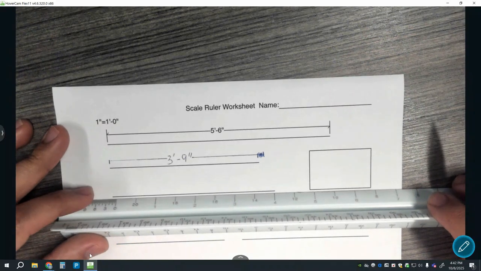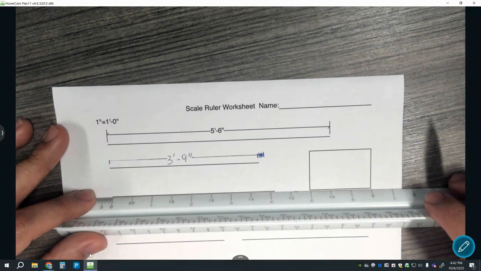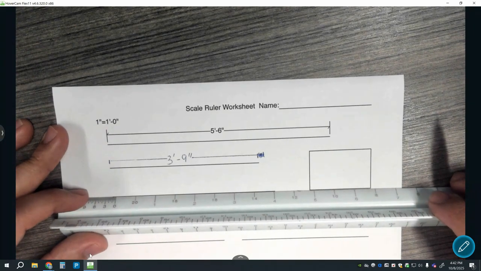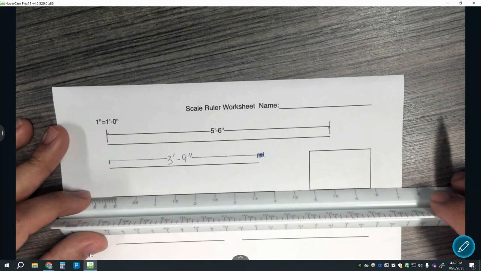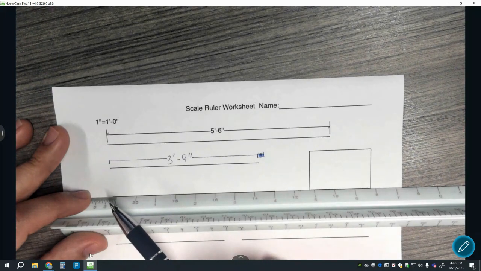So let's go ahead and measure, start from 0. Again, we count 1, 2, 3, 4, and it doesn't quite reach the 5, so we're going to scoot it over to the 4, and that looks to me to be 1 inch. So how do I know that's 1 inch? Well, that's 3, that's 0. And notice how there's two big lines in between. So I need to do a little bit of math here.